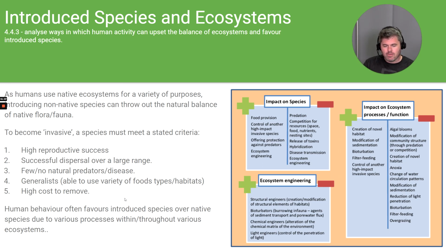Human behavior often favors introduced species over native species due to various processes throughout various ecosystems. Now, the reason why we brought rabbits over here is because European settlers missed hunting them.